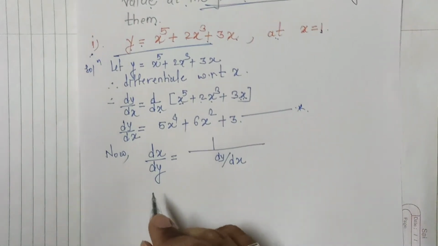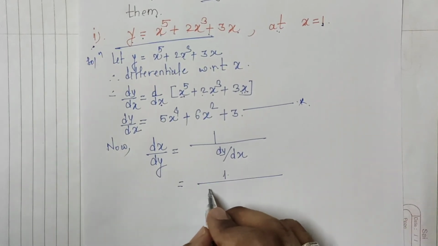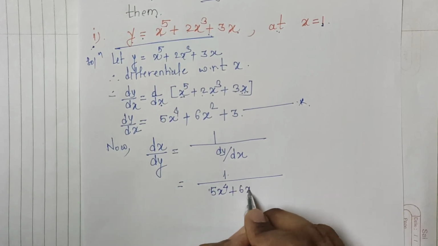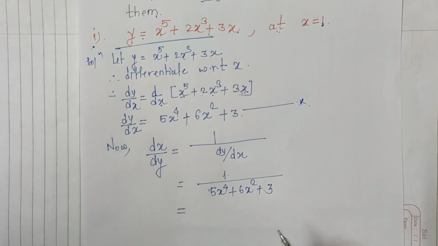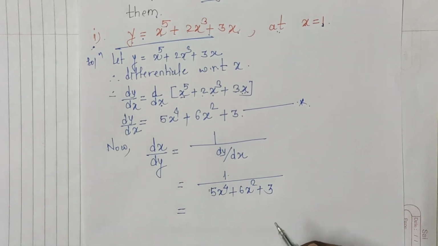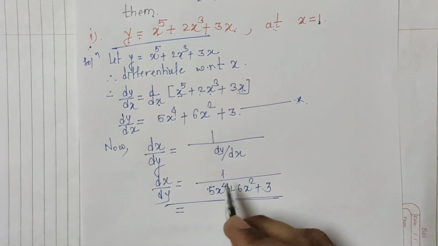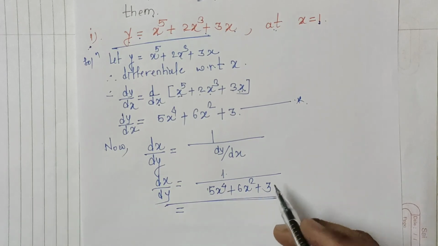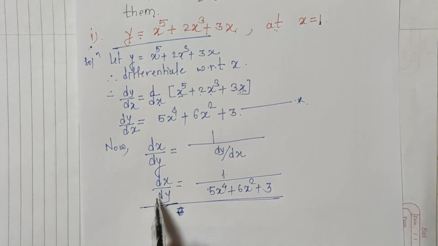We already found it. So dx upon dy is equal to 1 upon 5x raised to 4 plus 6x square plus 3. Okay, this is our required answer. This is only the derivative of the inverse function part.